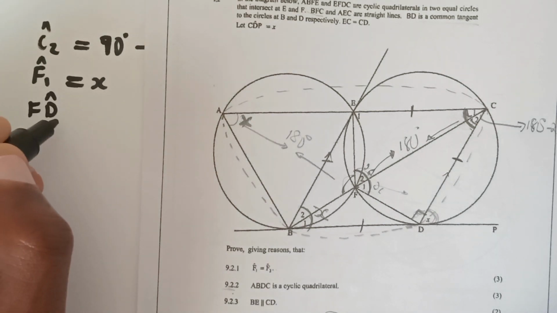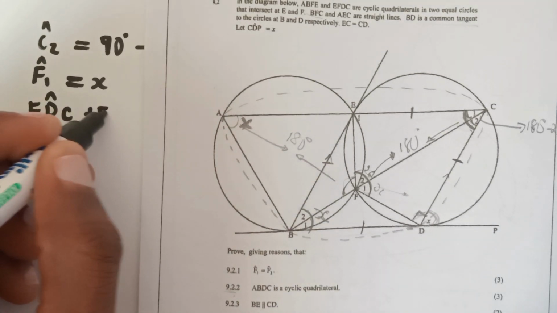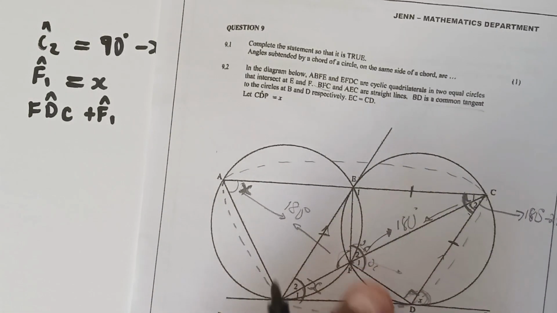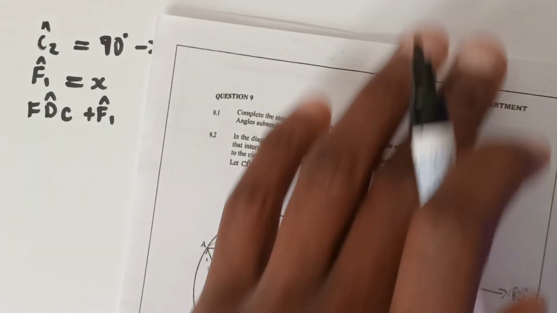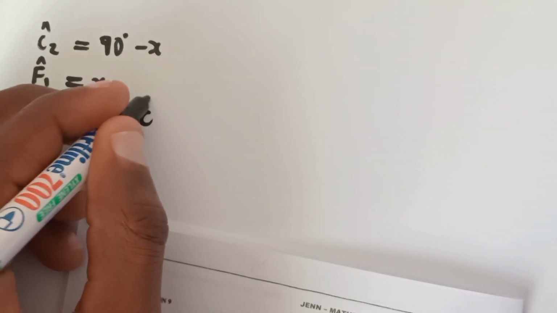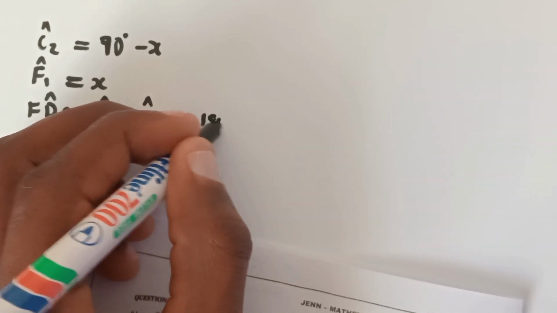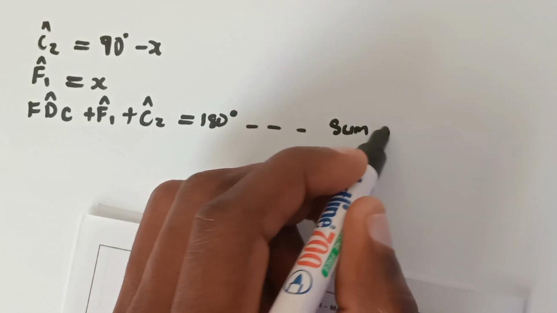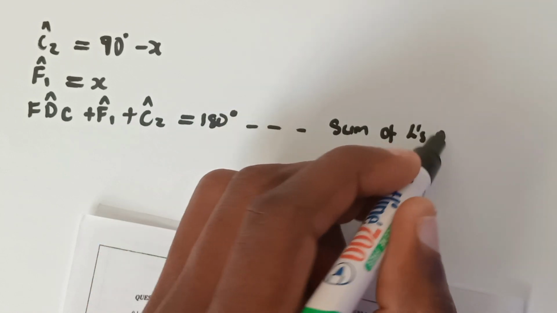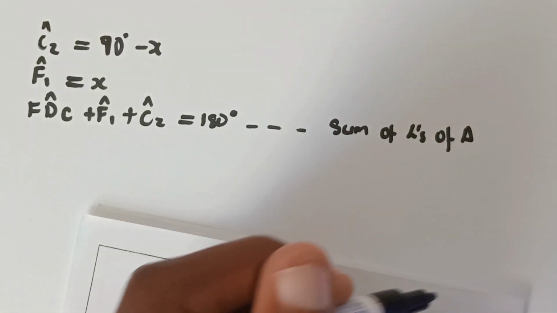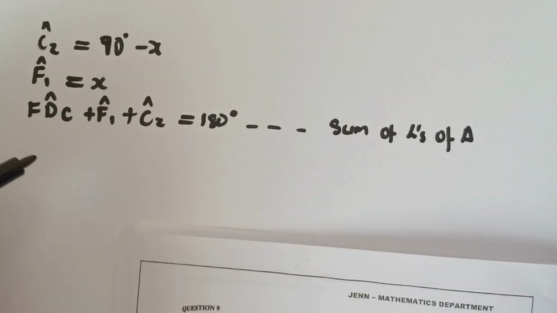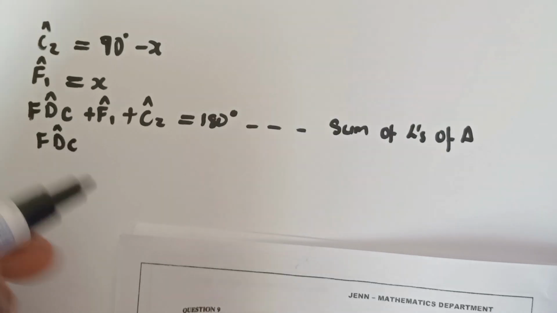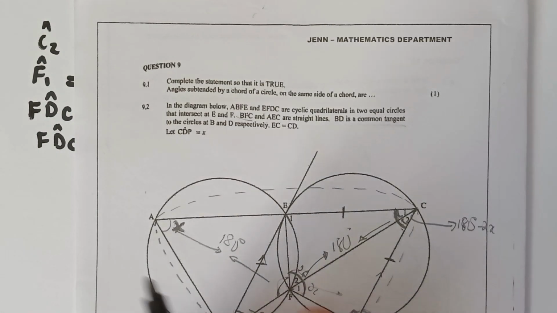Here it is FDC, plus angle F1, plus angle C2, that is equal to 180. Those are the sum of angles of a triangle. That is our reasoning. So angle FDC is the one that we're trying to find. Here it is FDC.